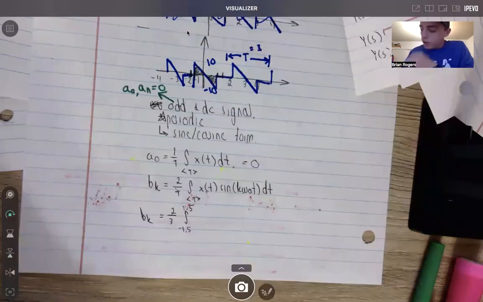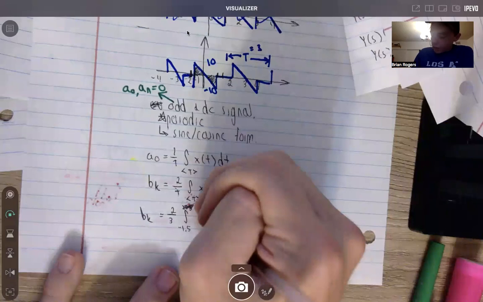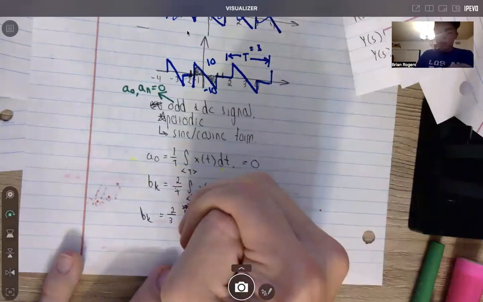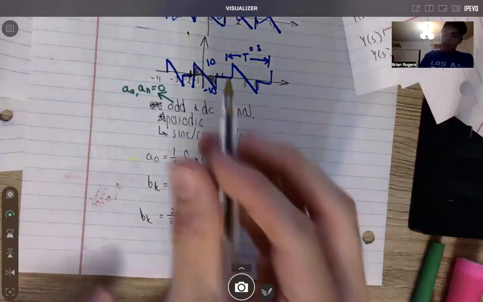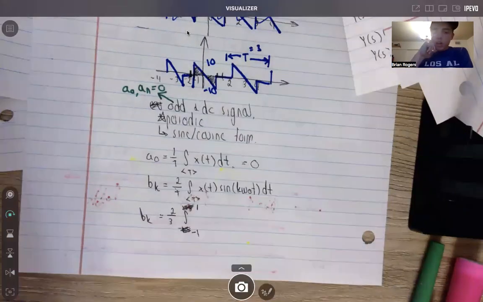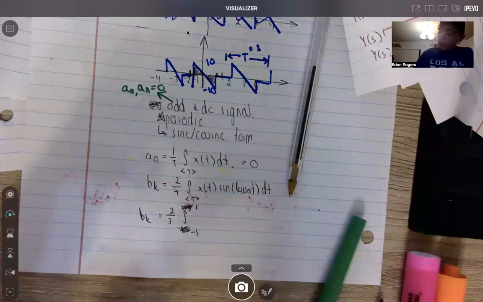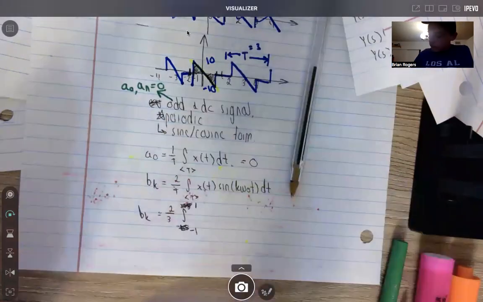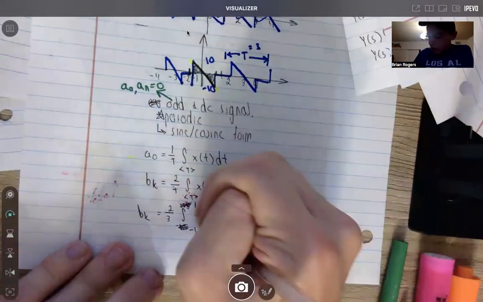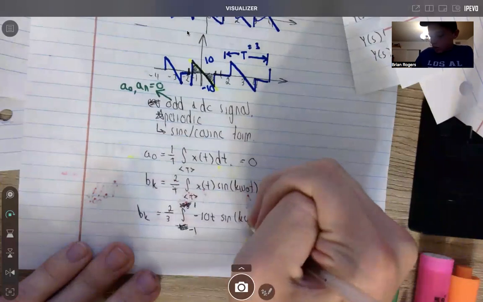So I'm going to rewrite my bounds and say up to 1 and -1, because there's just 0 area under those regions, so I don't need to include them in my bounds anymore. And then my X of T is given by, well, what is between those bounds? What's the line of this function? It's -10t. And then it's sine of k omega naught t dt.